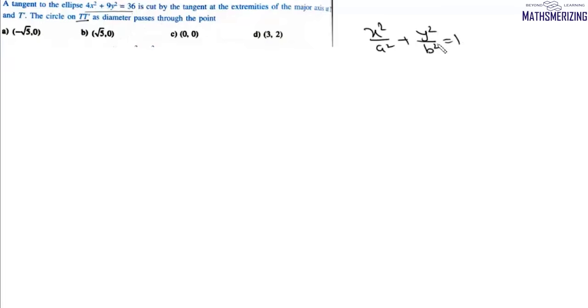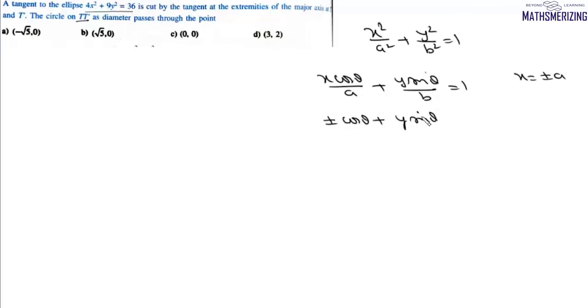Now for this ellipse, the equation of tangent is given by x cos theta upon a plus y sin theta upon b, and it is equal to 1. Now tangents at the end points of the major axis are represented by x equals plus minus a. So we'll put the value of x equals plus minus a. We'll get plus minus cos theta plus y sin theta upon b, equal to 1.